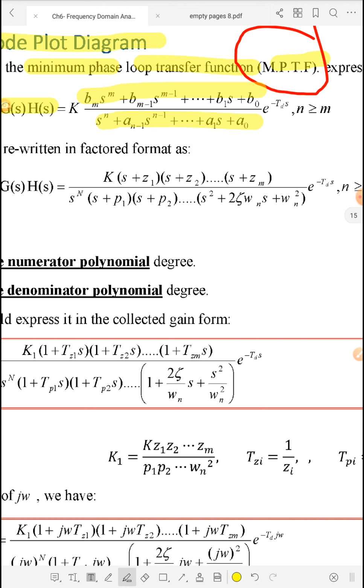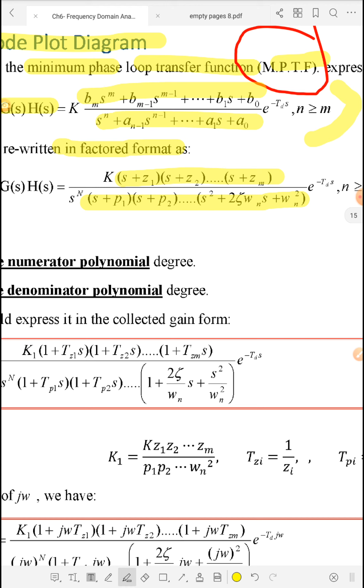Okay, so this form is given in the polynomial format, loop transfer function L, which is equal to GH. If we rewrite it in the factored format, we will have m zeros, and in general n poles for the loop transfer function.